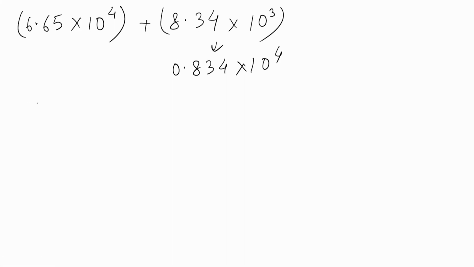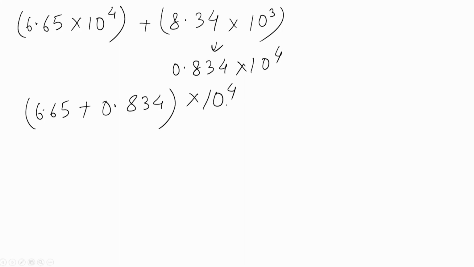So we can write this as 6.65 plus 0.834 into 10 to the power 4. So this is equal to 7.484 into 10 to the power 4.